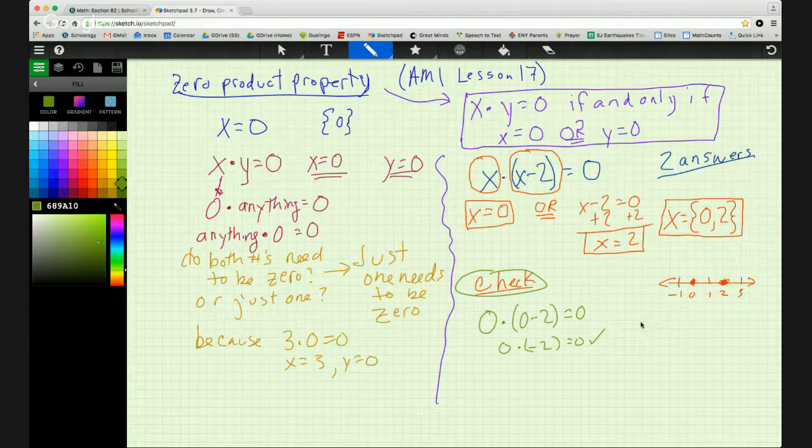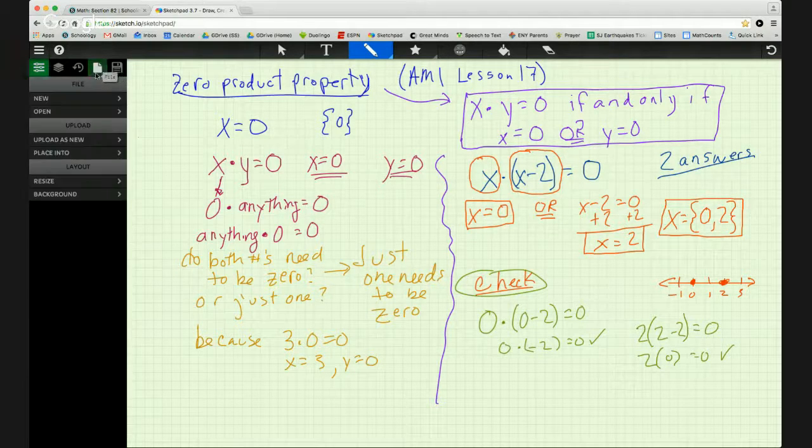Does 2, we plug a 2 in for our x, times 2 minus 2 equal 0? Does 2 times 0 equal 0? Check. So, let's summarize: we used the zero product property to identify the two solutions to our equation as 0 and 2.